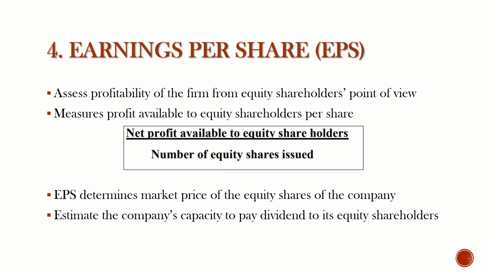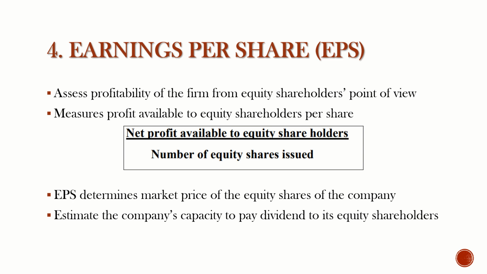Okay. So let's move to the fourth one, that is earnings per share, which is popularly known as EPS. So this particular ratio, earnings per share, helps in the assessment of profitability of the firm from the equity shareholders' point of view. So all the equity shareholders need to know whether they earn a particular amount of money, whether they earn anything on a particular share owned by them.